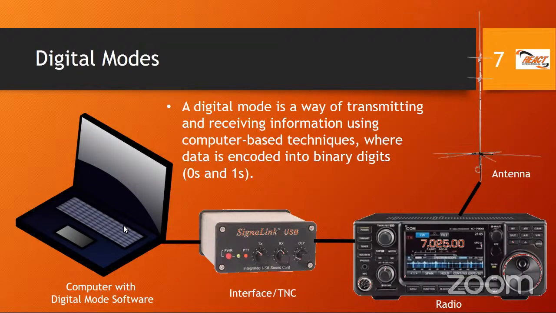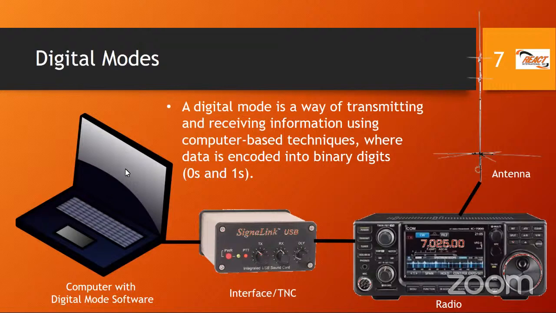In some cases, computers could be connected directly to a radio via USB cable, or, especially for somewhat older model radios, you need an intermediary device known as an interface, or sometimes they may call it a TNC or some other name, but it's a device that sits between the computer and the radio equipment. So essentially, you're using your computer to do the talking.